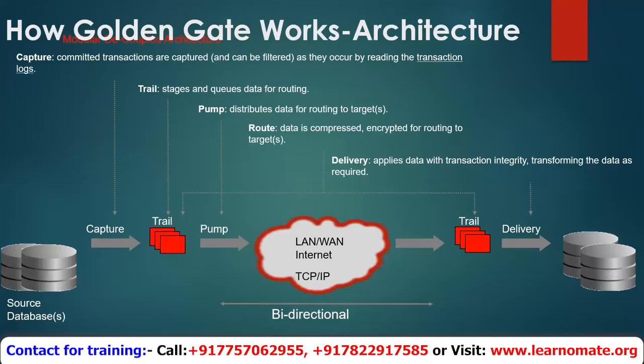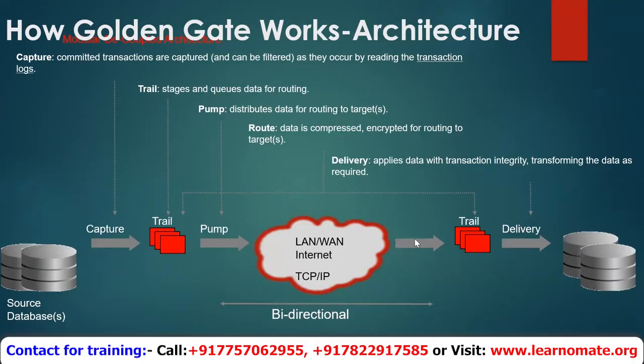Once the transaction gets committed, it writes it to the trail file on the local machine, which is known as the local trail file. These trail files reside on the operating system and consume space. So the extract process extracts the data and writes it to the local trail. Once the data becomes available in the local trail, the data pump process reads the data from the local trail, sends it over the TCP/IP network and writes it to the remote trail on the target.